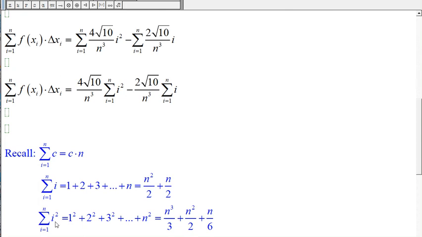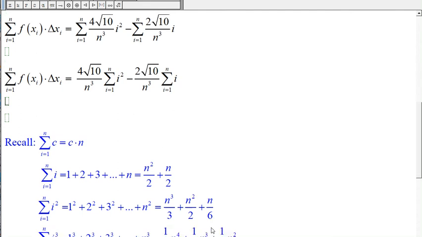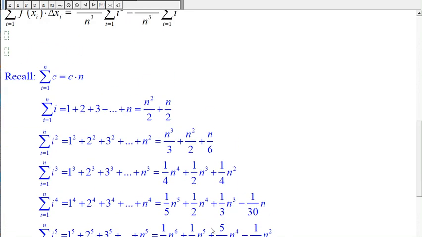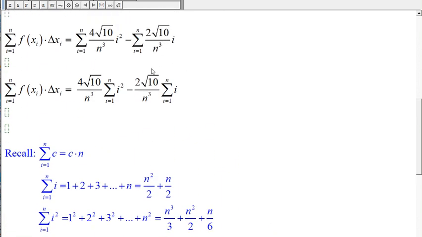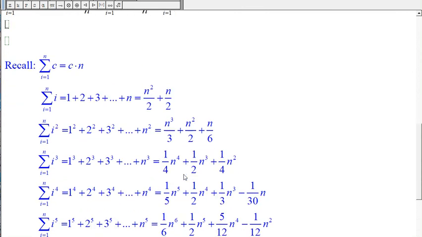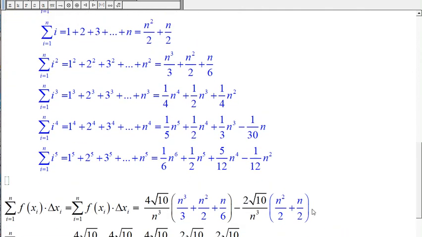And summation of i squared, where i goes from 1 to n, is n to the third divided by 3 plus n to the second divided by 2 plus n over 6. And so in the place of summation of i squared, we will replace it with this, and then summation of i we will replace with this. And that's what we have right here.